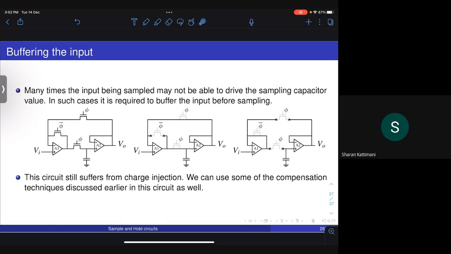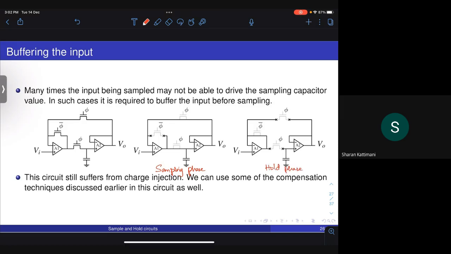What you have here is an amplifier A1. Let me look at the sampling phase, which is here, and this is the hold phase.